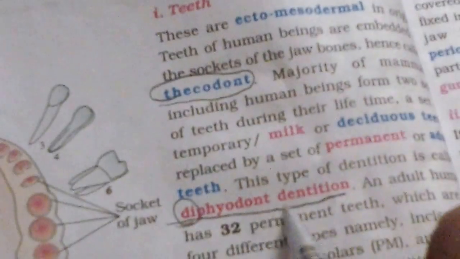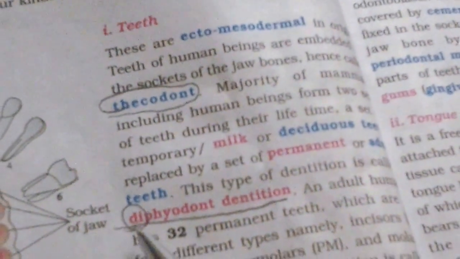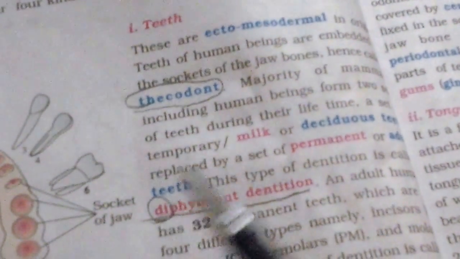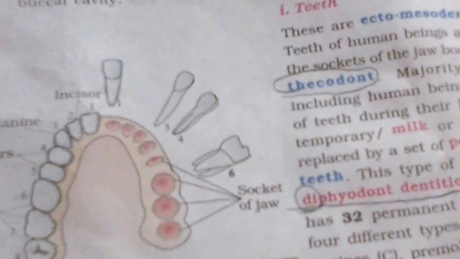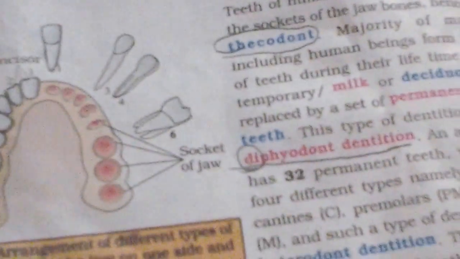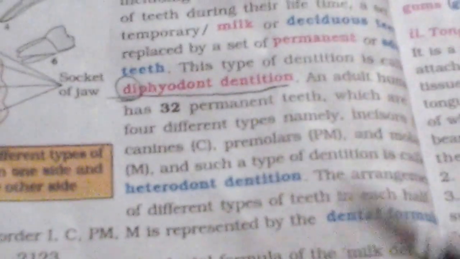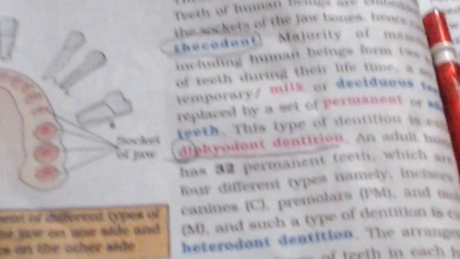I don't know the meaning of phyodont, but the moment you see diphyodont dentition, you can remember it by looking at the word di. Di means two. Diphyodont dentition is the way where your teeth wither off and you get new teeth, so you've got two sets of teeth. An adult human being has 32 permanent teeth. Most of us, when we count the teeth in our oral cavity, might find just around 30 teeth.